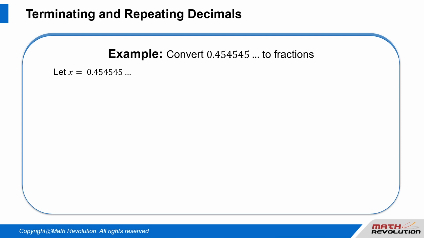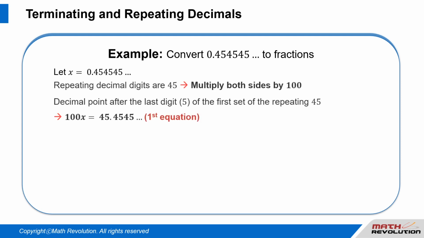Next, since the repeating decimal digits are 45, we multiply both sides of x equals decimal 0.454545 recurring by 100, so that the decimal point will be after the last digit, 5, of the first set of the repeating 45.